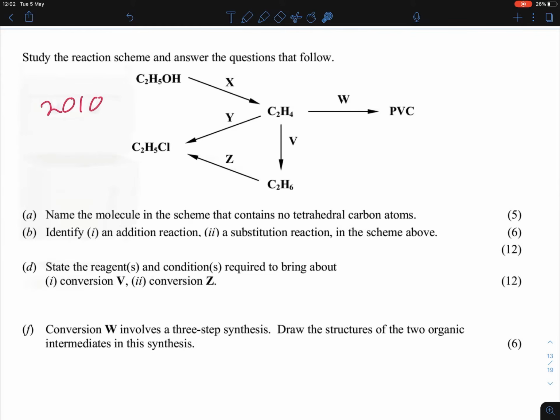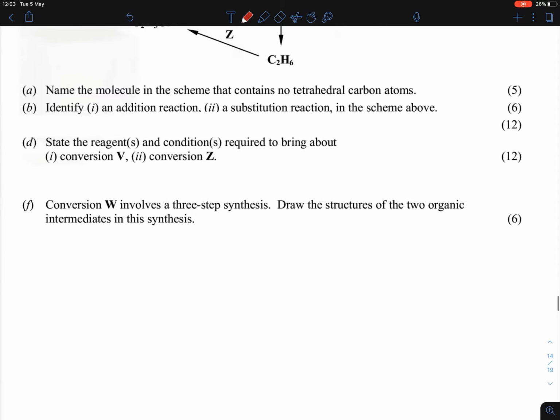With that in mind, PVC we're going to ignore because we're not told the name of that just yet. But C2H4 or C2H6. It says name the molecule, indicating that it's just one. For me, the easiest way is to draw out both of them.